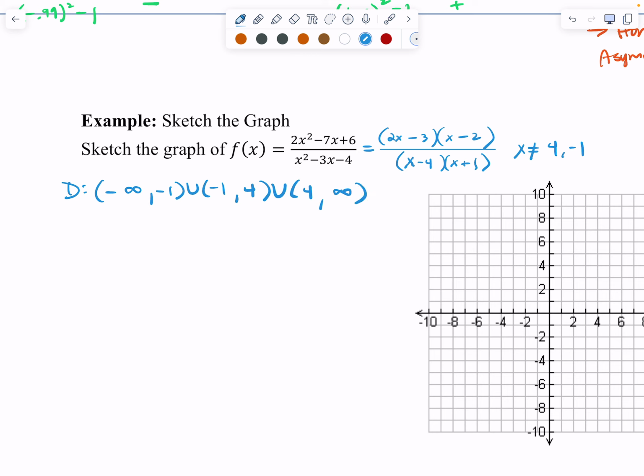Both of those domain restrictions we would classify as what type of discontinuity? Non-removable. Non-removable, good. And that's because graphically, both of those points of discontinuity manifest as vertical asymptotes.